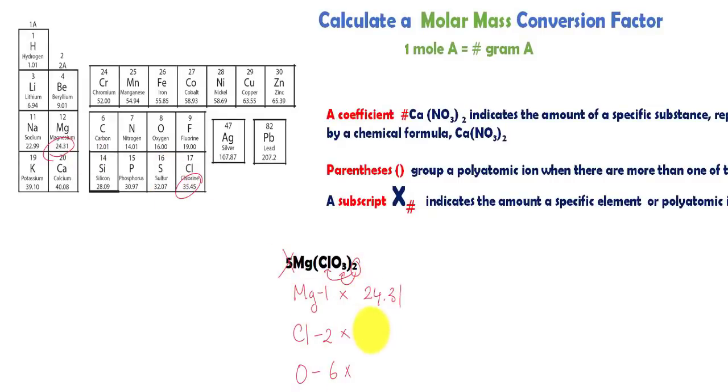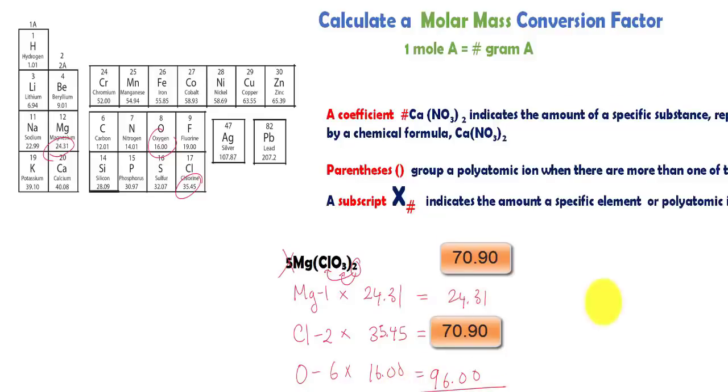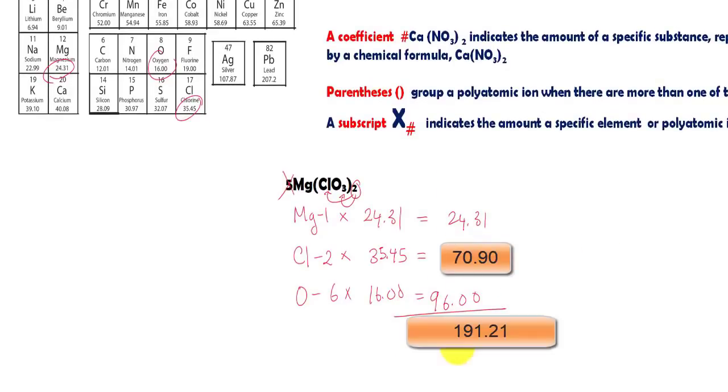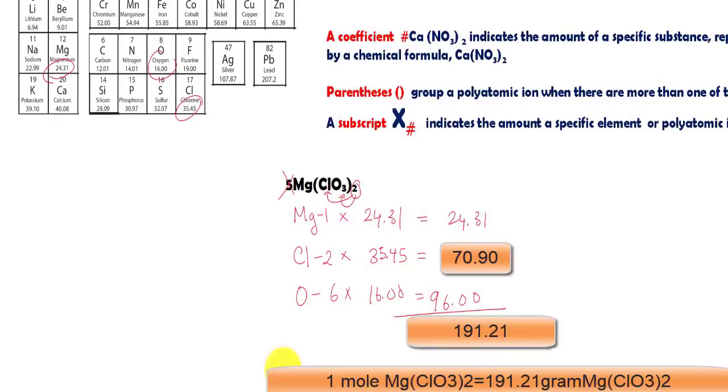Chlorine, 35.45. Oxygen, 16.0. And we use our calculator to multiply. We have 24.31 for the total mass of magnesium, 70.90 for the total mass of chlorine. For oxygen, it would be 96.00 grams. So that's the total mass for oxygen because there are 6 of it. And then again, we find the total, and let's express this as a conversion factor.